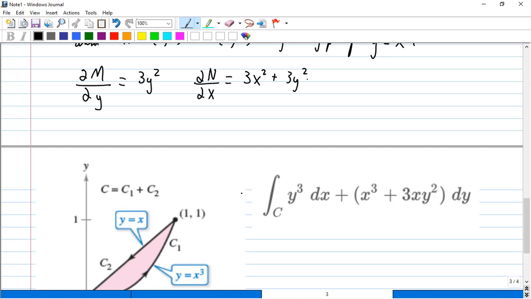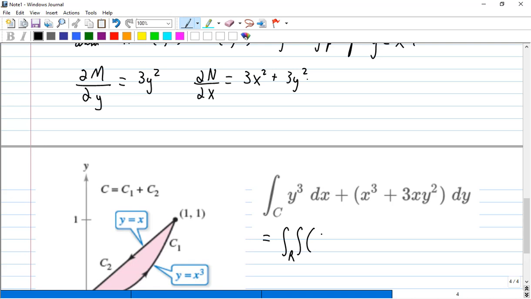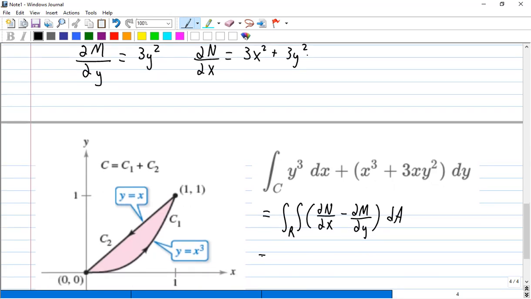Okay, so we know what the partial derivative of M with respect to y and N with respect to x is. So that means we can rewrite this. This is going to be the double integral over the region, and we'll figure out the boundaries in a second.